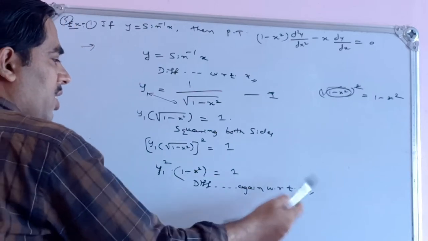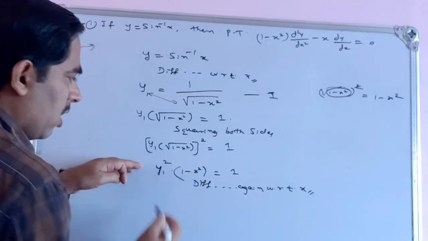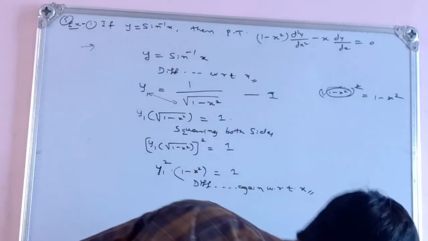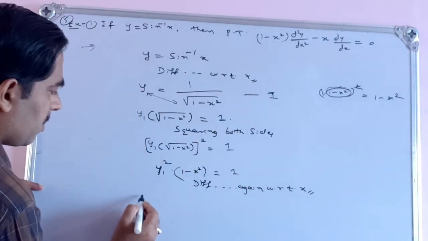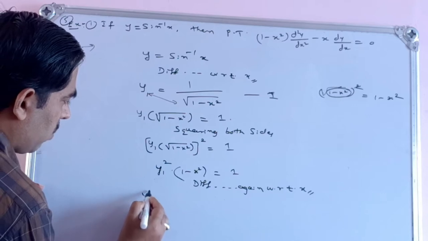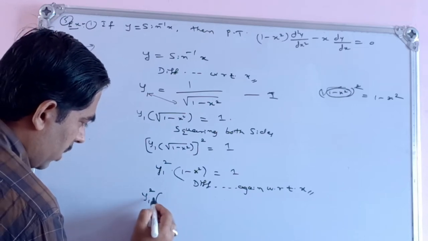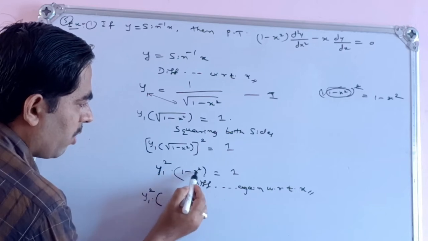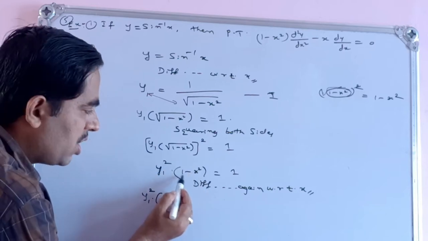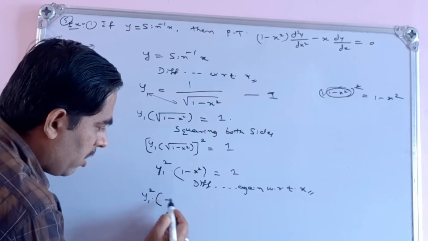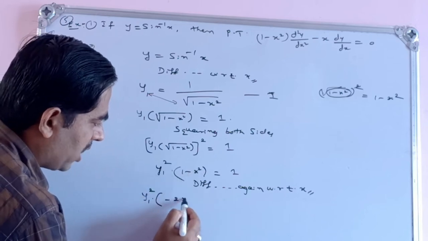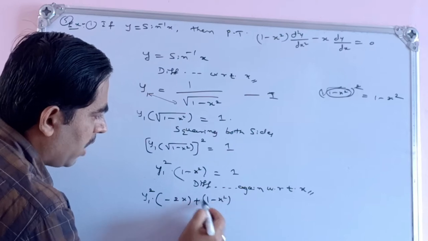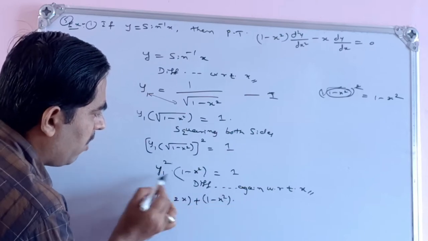How to use the product rule? The first function is y1 square, which I write as it is, into the derivative of 1 minus x square. The derivative of 1 is 0, and for minus x square I write the minus as it is, and the derivative of x square is 2x. Plus the second function, 1 minus x square, into the derivative of y1 square.